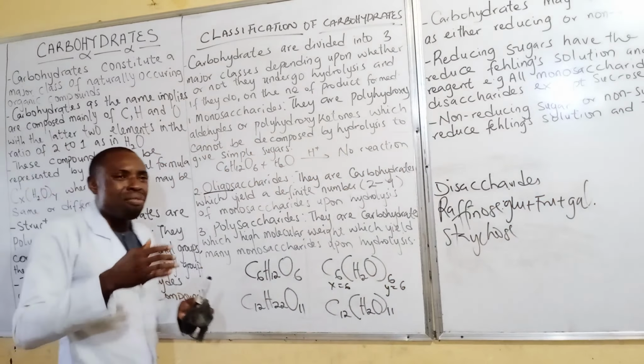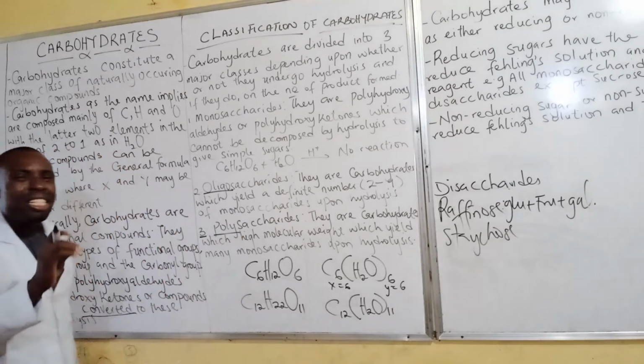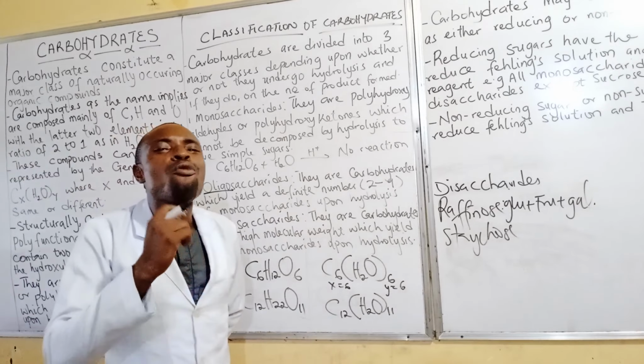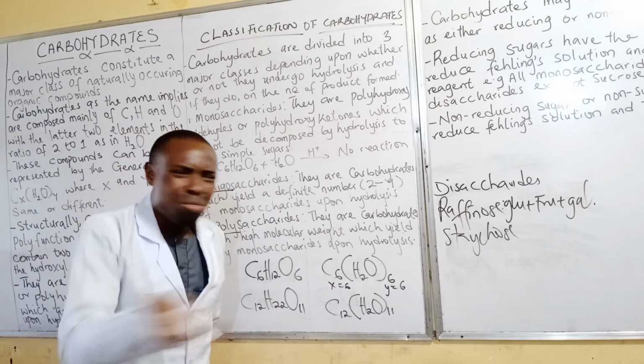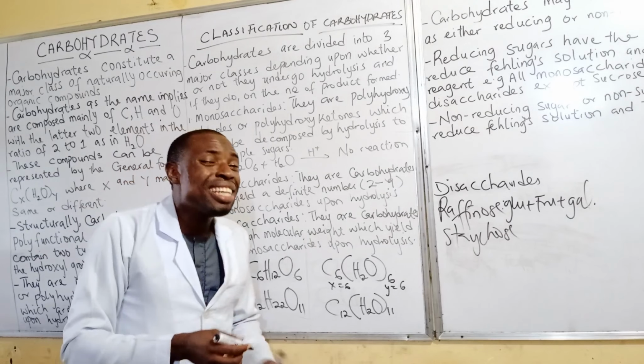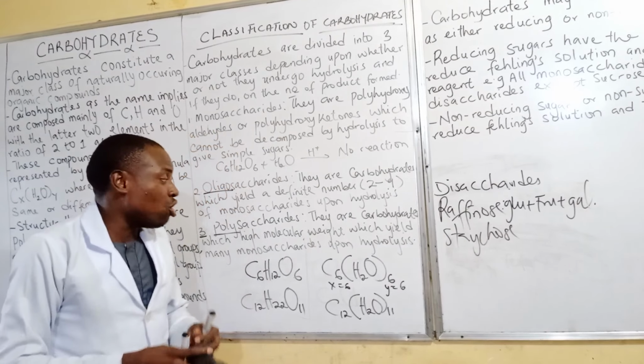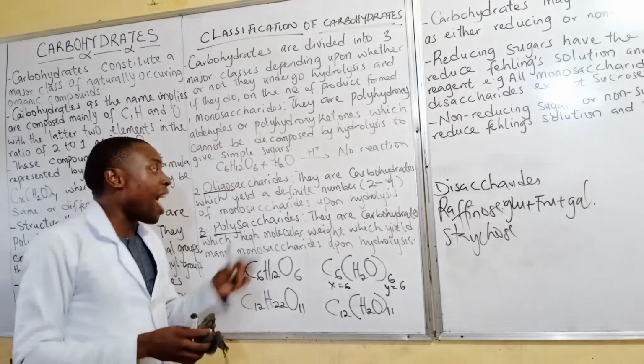Now we move to number 3. We talk about the polysaccharides. From the word poly, meaning many, polysaccharides are carbohydrates which have high molecular weight, and upon hydrolysis yield many monomers, ranging up to about 100,000. So their molecular weight is very, very high. Examples are starch, glycogen, chitin, and cellulose.